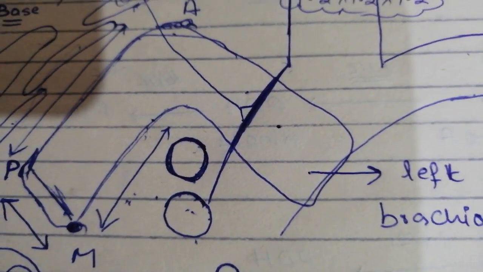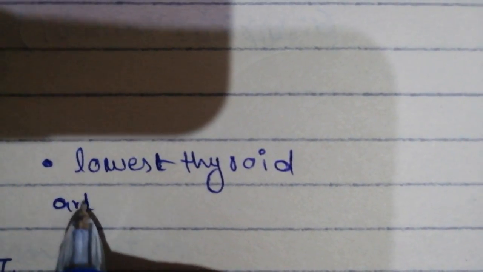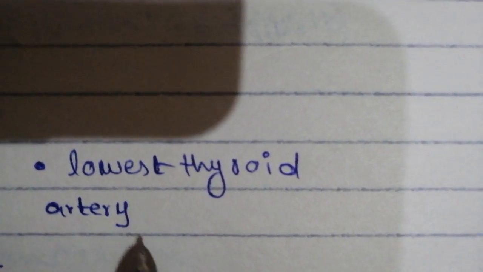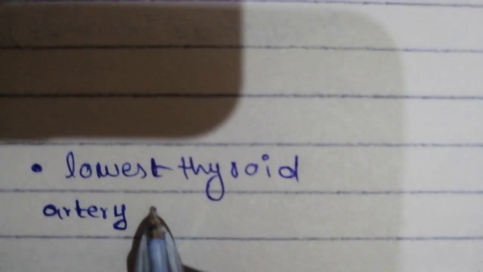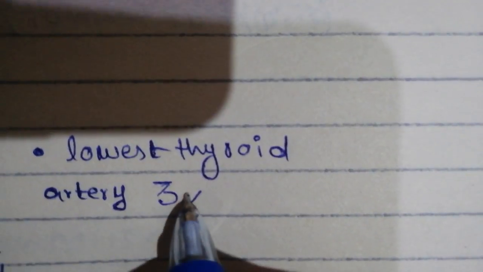It is extremely important. There's this one very MCQ-ish point which they tend to give a lot, and that is the concept of the lowest thyroid artery, right? And so we talked about superior and inferior. Now we have a lowest thyroid artery, and this is an anatomical variation. It's not present in everyone, just in 3% of individuals, so it's common enough that you should know.